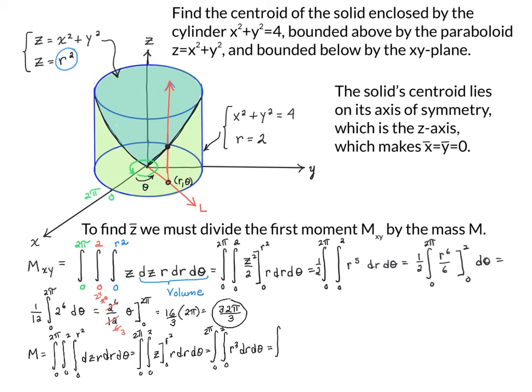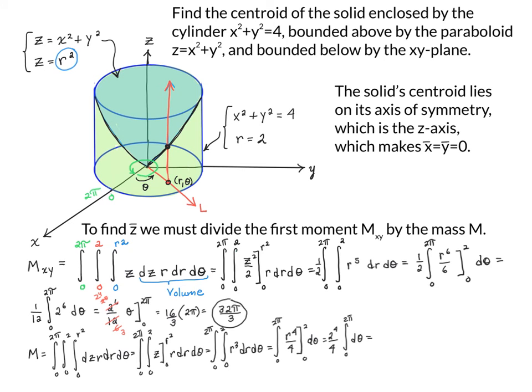And so now we're going to work out the antiderivative with respect to r, and we get r to the 4th over 4 evaluated from 0 to 2. And then we end with d theta. And if we factor this out, we have 2 to the 4th over 4 times the integral from 0 to 2 pi of d theta.